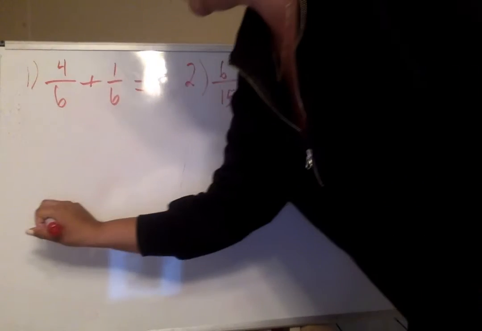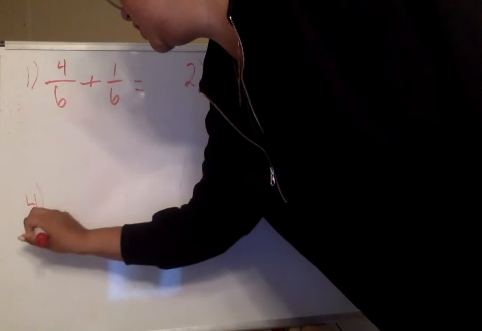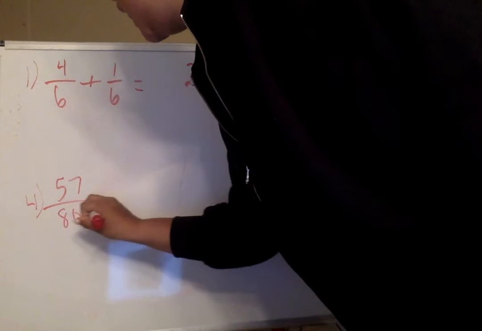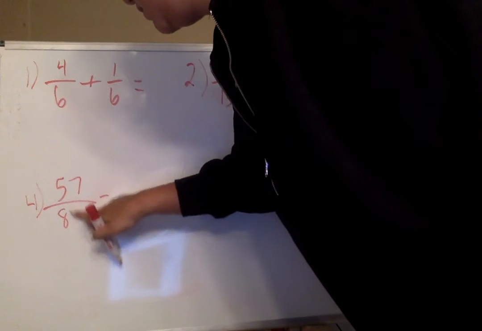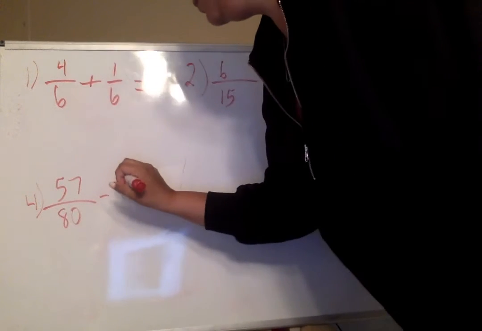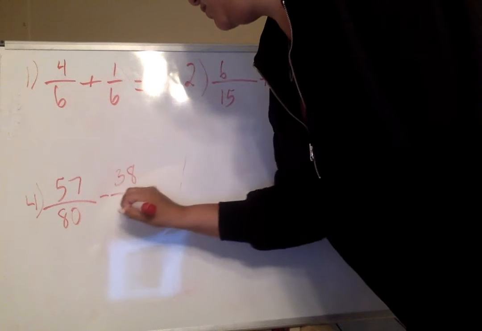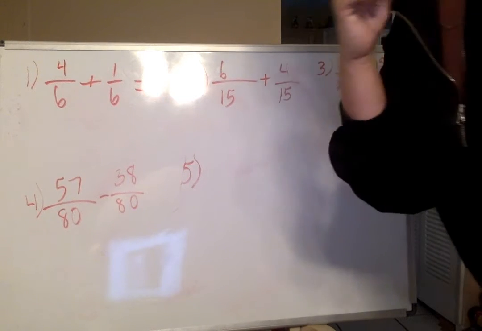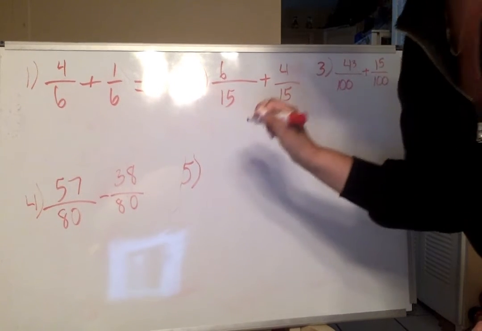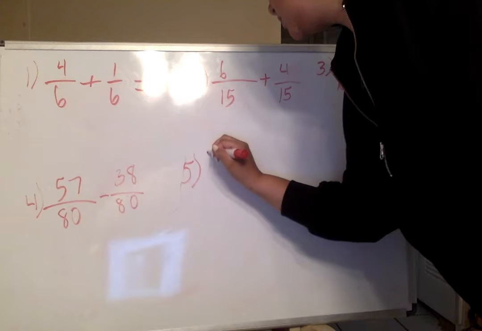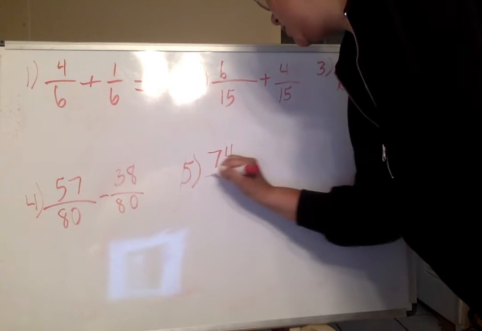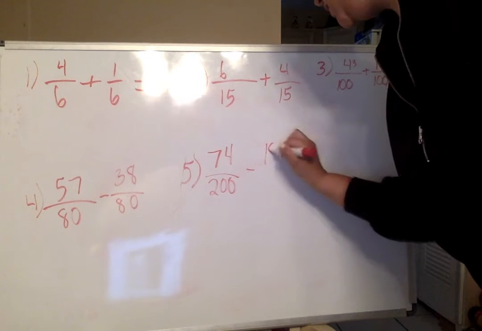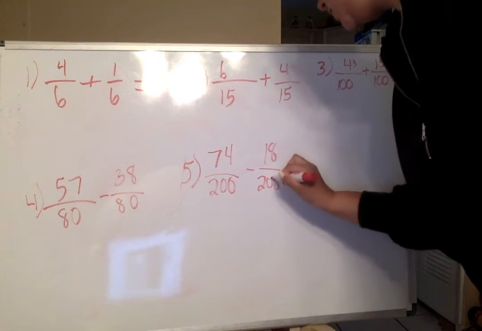And then we can move down here for some subtraction. So we can do 57/80 minus 38/80. Number 5, we'll do 74/200 minus 18/200.